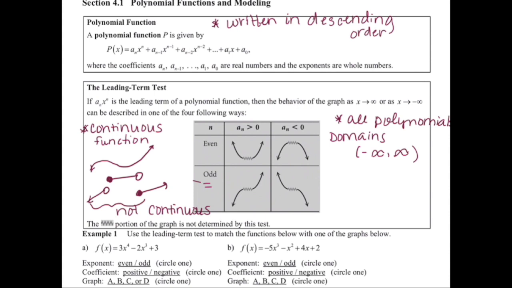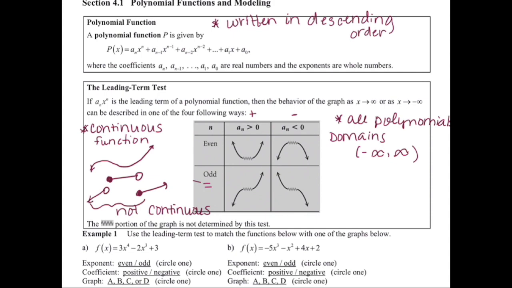Depending upon if our leading term is a positive value or a negative value, will help us determine if we're going up or down for our ends. And then we also have to look at the exponent. Is the exponent even or is the exponent odd?